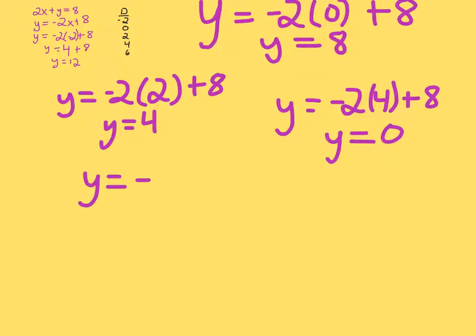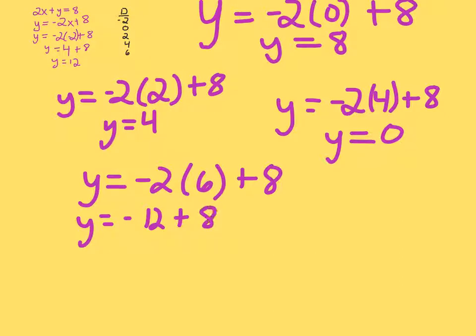So I do negative 2 times 6 plus 8. Negative 2 times 6 is going to be a negative 12. Negative 12 plus 8 is going to be a negative 4.